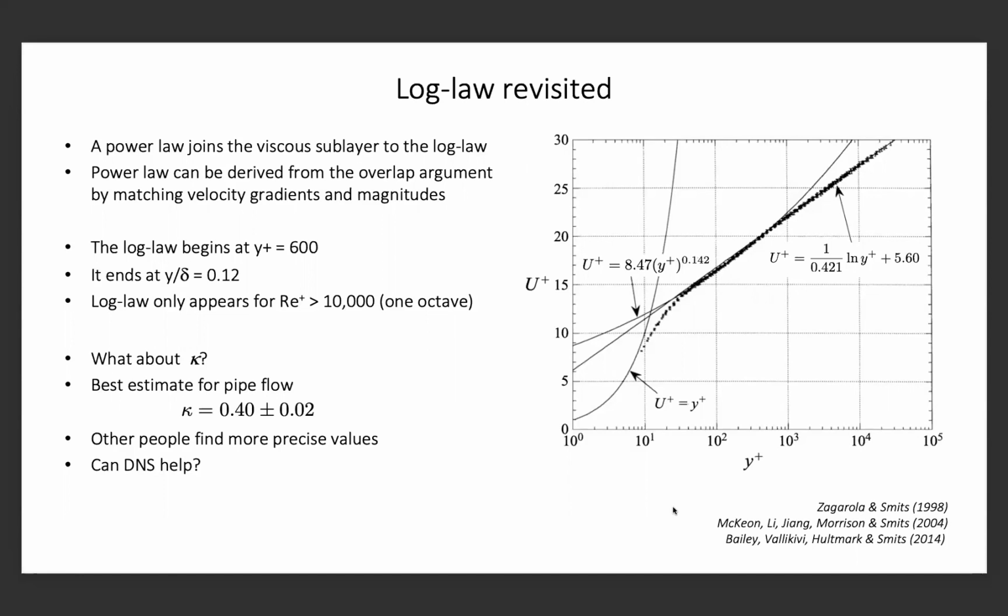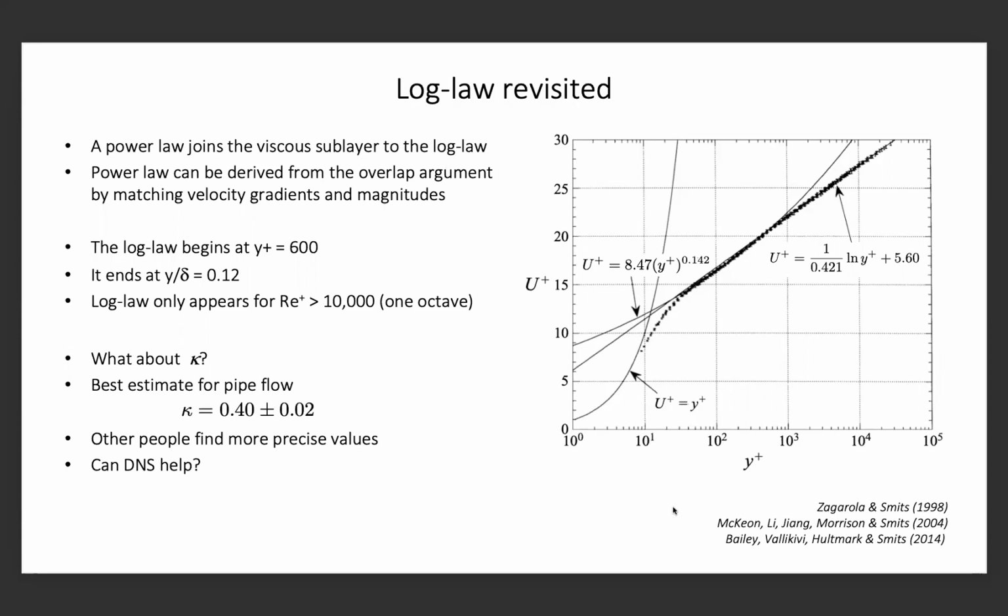For y plus less than about 600, where y plus is the non-dimensional wall distance, y u tau over nu, we actually see a power law rather than a log law. And that power law is almost the 1/7 power law. It's a constant times y plus to the 0.142, so that's almost 1/7. And that fits the data rather better than the log law. We couldn't have seen that without paying great attention to the accuracy of the measurements, because otherwise this would just get lost in the experimental uncertainty.